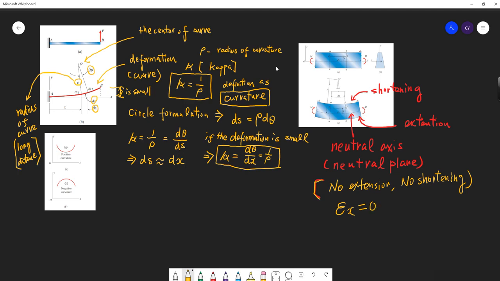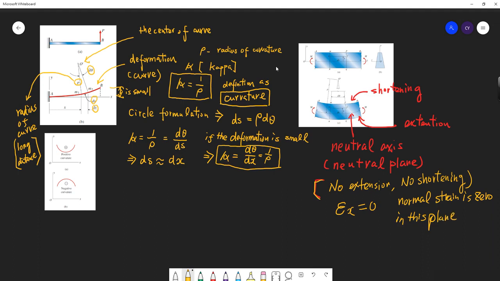Keep the original length. So the strain is equal to 0. Normal strain is 0 in this plane.